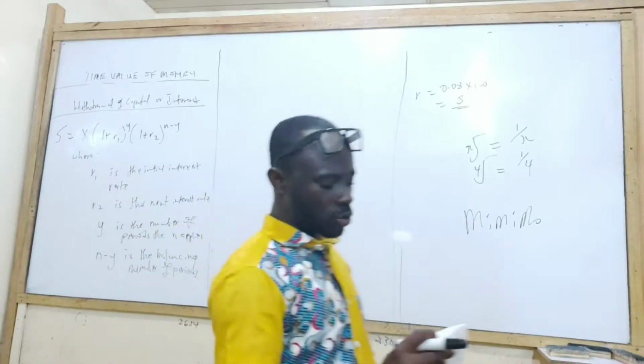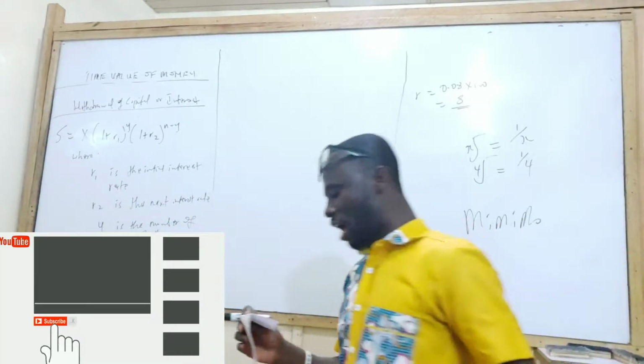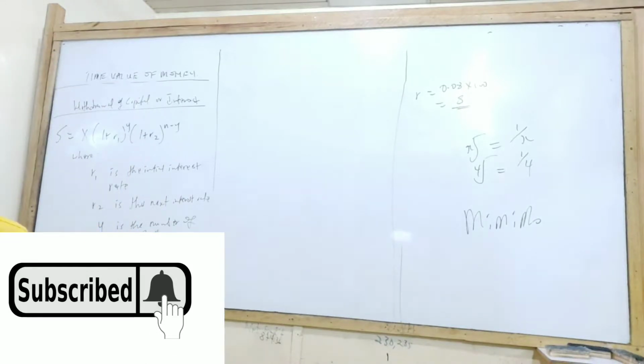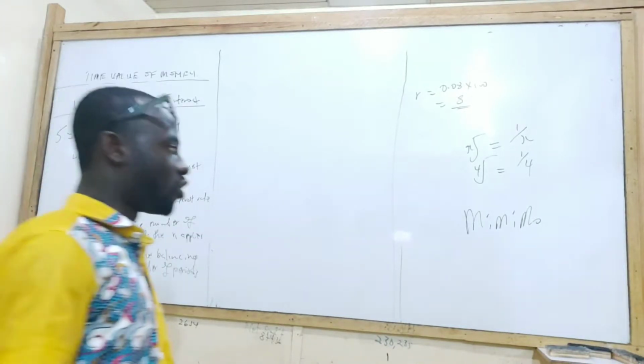Required: what will be the balance in her account after 4 years?